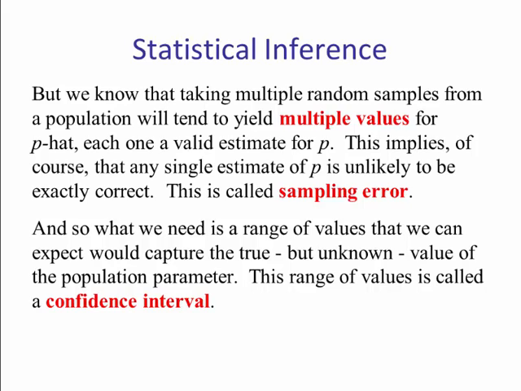And so what we also need is a range of values that we can expect would capture the true but unknown value of the population parameter. This range of values is called a confidence interval. So a confidence interval is our point estimate plus or minus what we call the margin of error.